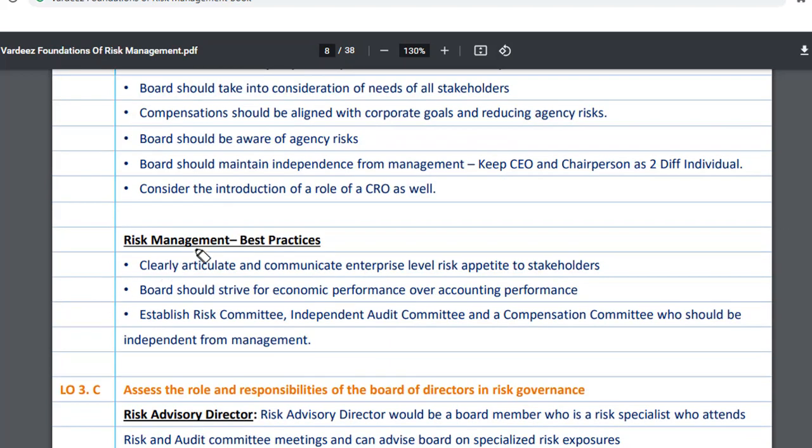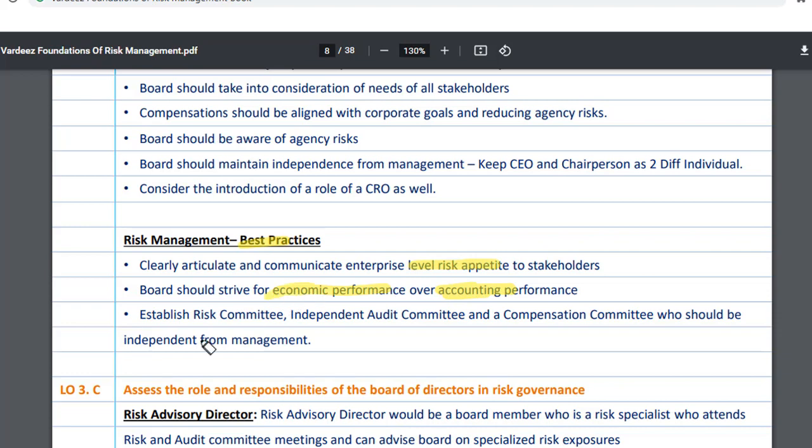Okay, talking about the best practices in risk management: clearly articulate and communicate the enterprise-level risk appetite to the stakeholders. That is a best practice. The board should strive for economic performance as compared to accounting performance. This is also important. Overall economic performance always matters more than accounting, because there is always a possibility that accounting numbers can be inflated.